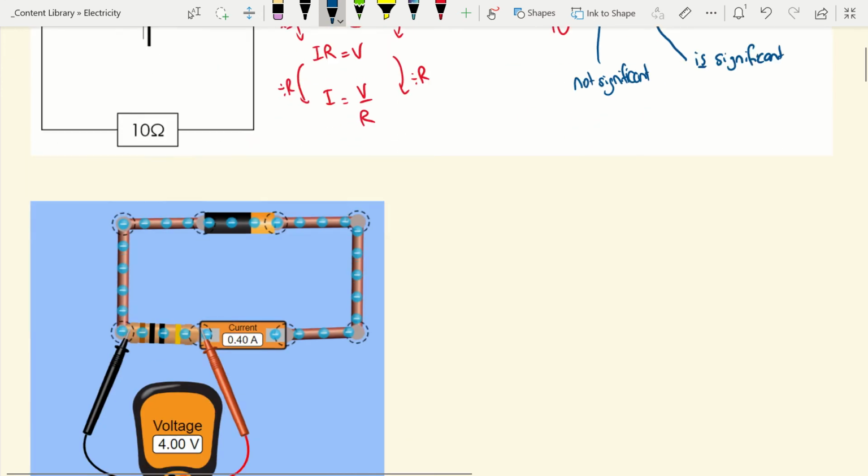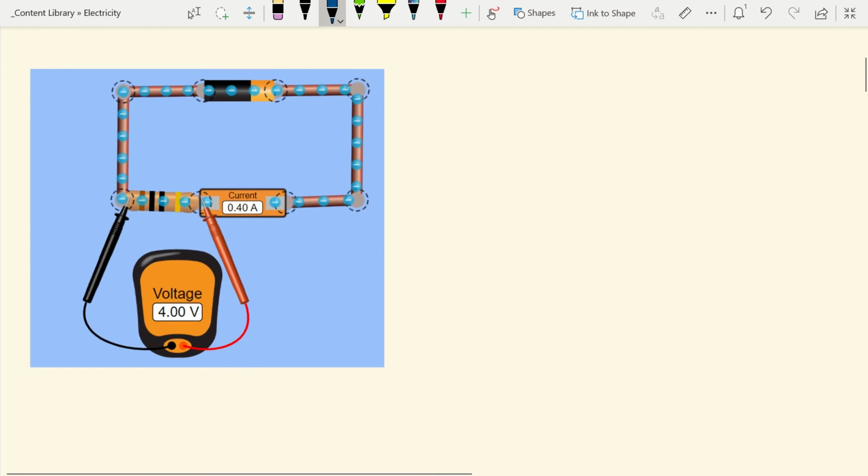Let's actually have a look at the circuit and see how this comes out. You can see in here, this is actually the circuit we constructed, and you can see our current is correct. Now, because we are taking a measurement here, I give it to the number of decimal places of the actual instrument. The instrument reads to two decimal places, so therefore I should record the current to two decimal places.